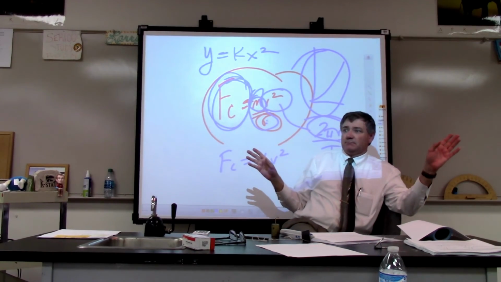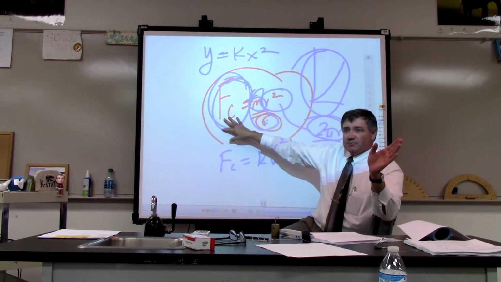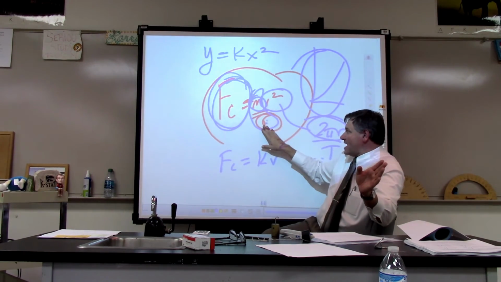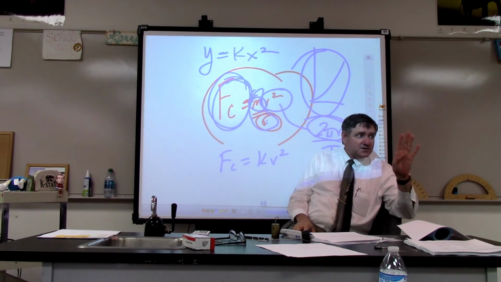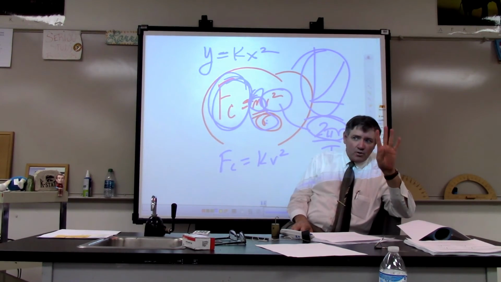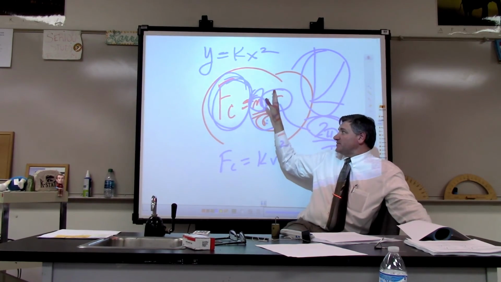Something like that. Or if you don't like that, you can say, well, to create a greater centripetal force with the same mass and radius, that requires a greater velocity. But you want to mention all 4 variables: centripetal force, mass, velocity, radius.